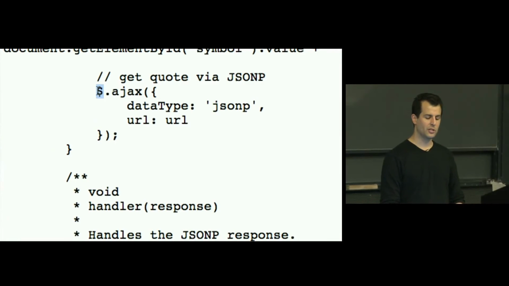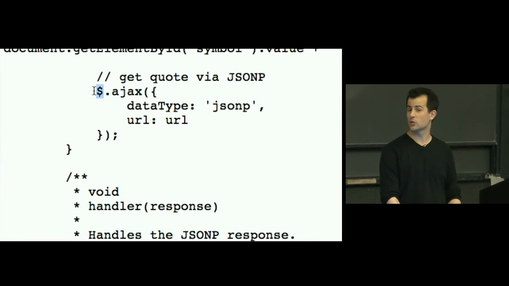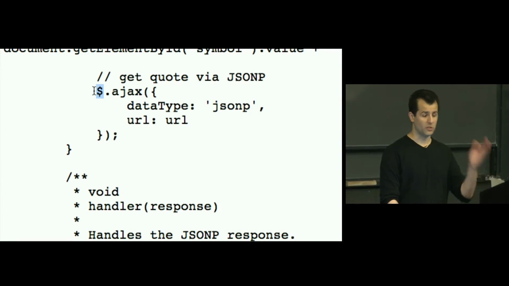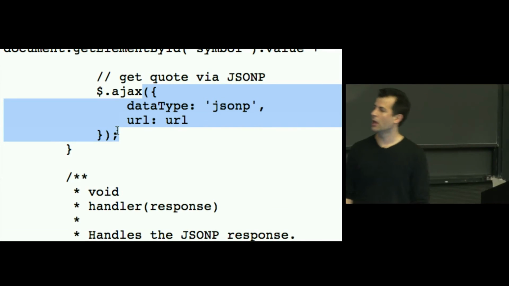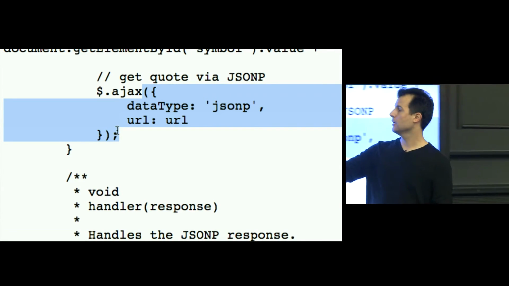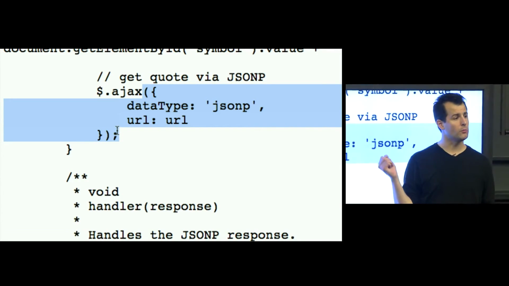I call $.ajax. So this looks a little weird, but again, remember that the $ is just shorthand notation for a function called jQuery. So this is jQuery.ajax. As is common in JavaScript, as you'll see with various libraries online, many functions take not a comma-separated list of arguments as their values.